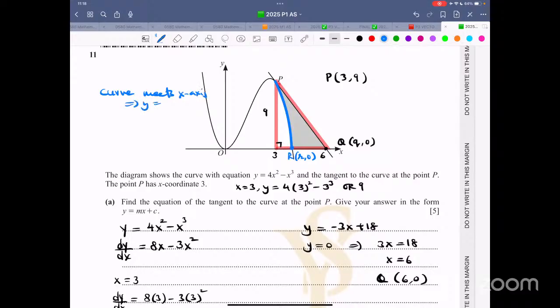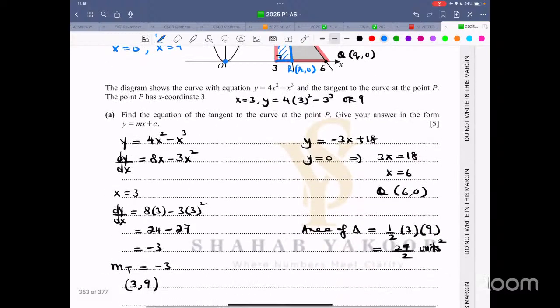Therefore, y is equal to 0. So x squared common, 4 minus x equals 0. x is 0, that is this point, not relevant to us. And x is equal to 4. So this is between 3 and 4. That is the area that we are talking about. That means if we find this blue area and subtract it from the area of the triangle, you will get the area of the shaded region.